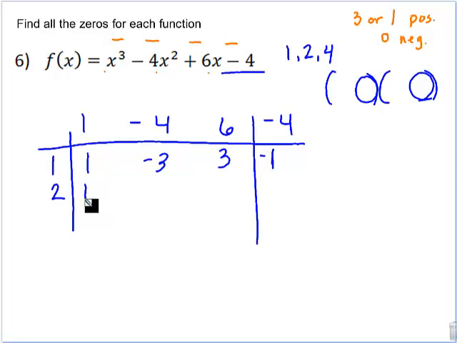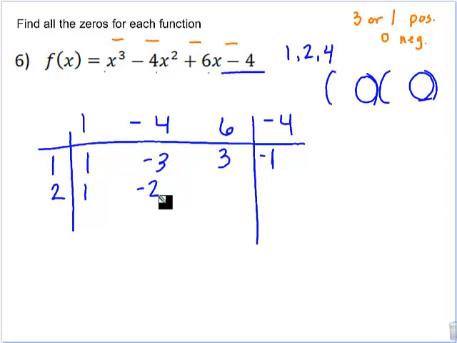We're looking for a 0 over here because that tells us it's a solution. So now we'll go ahead and try the 2. This time we'll take 1 times 2, which is 2. We want to add that to our negative 4, and we get negative 2.